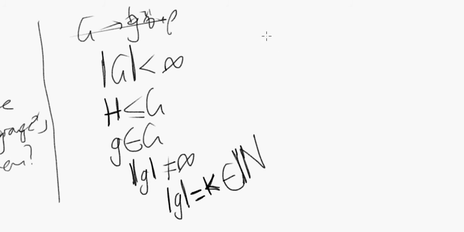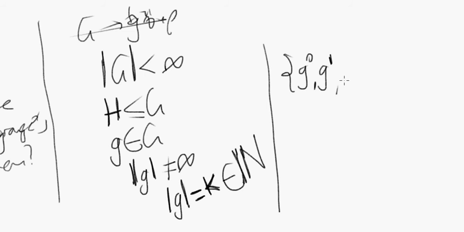All right. Well, now if this is true, then let's consider the following. g to the 0, g to the 1, g to the 2, all the way up till g to the k minus 1, right?